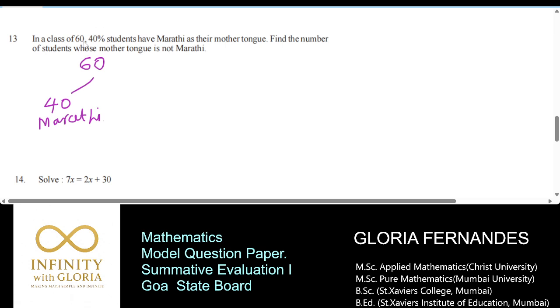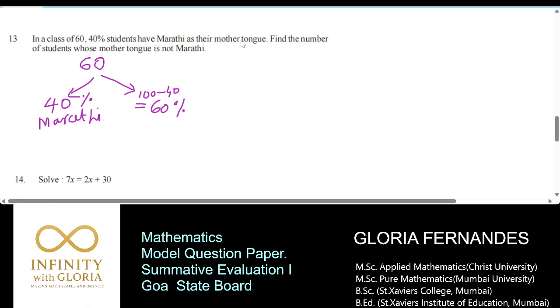So if 40% have Marathi, what will be the remaining? Remaining will be 60, right? 100 minus 40 is what? 60. If you want, I'll write it over here. So 100 minus 40 is going to give you 60. That means 60% of the students do not have Marathi as a mother tongue, right?